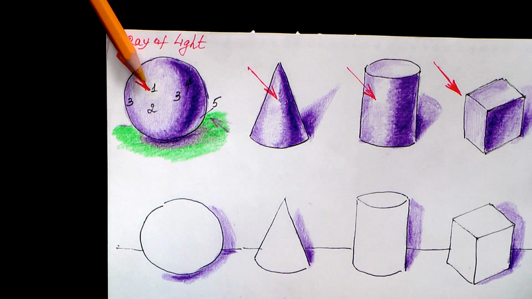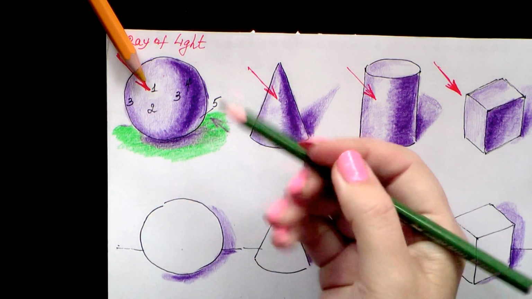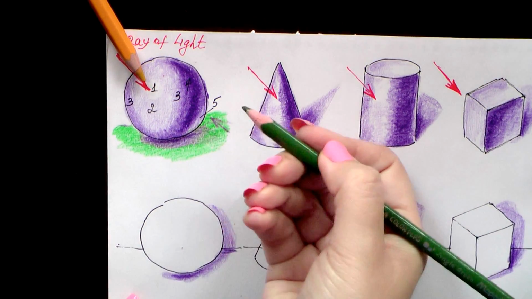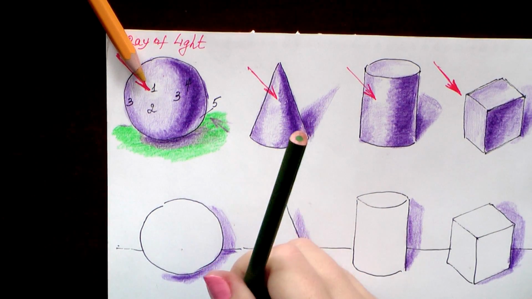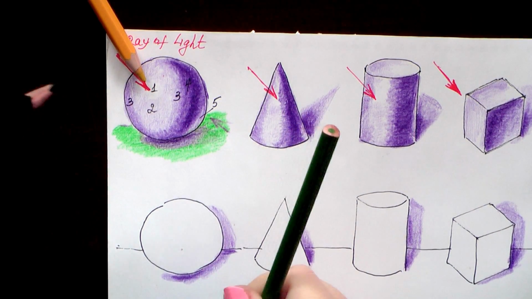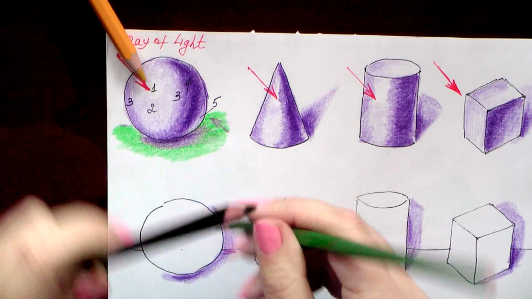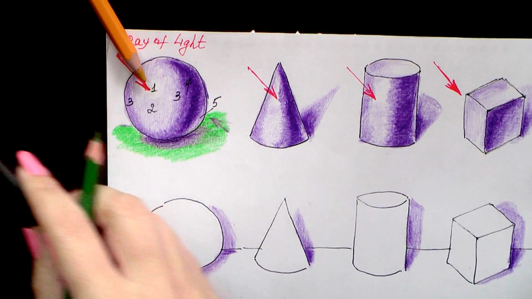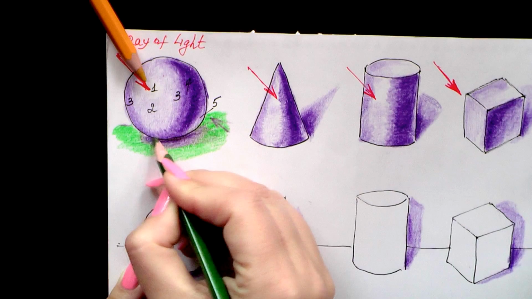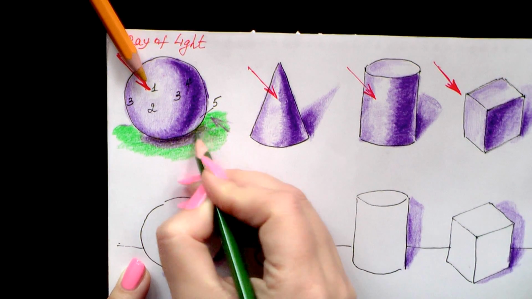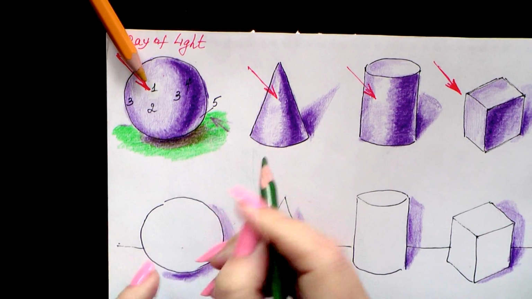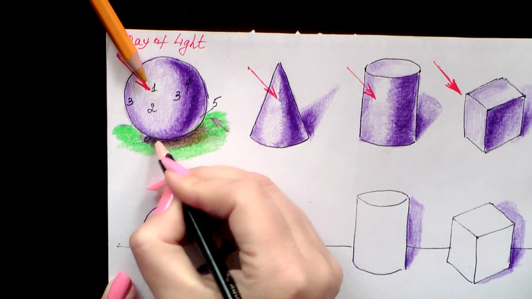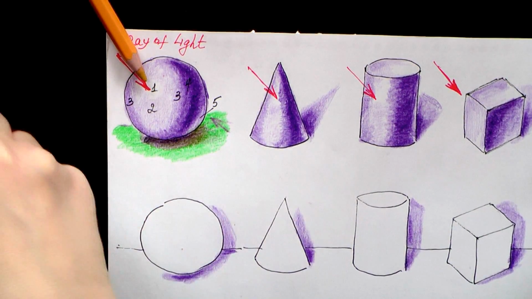So I will use maybe a darker part of the color of the surface. In my case it will be dark green and some gray or black, and the color of the cast shadow will be the mix of the dark green and cold gray.